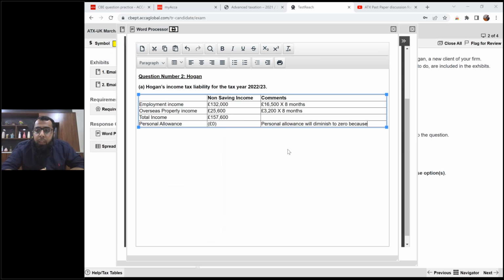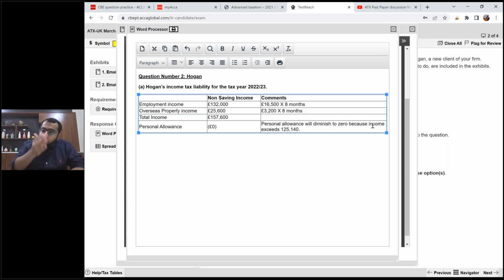So personal allowance will diminish to 0 because income exceeds 125,140. 100,000 is the limit and 25,140 is the excess when personal allowance gets diminished. These are the small things for which you need to hold expertise and remember carefully.